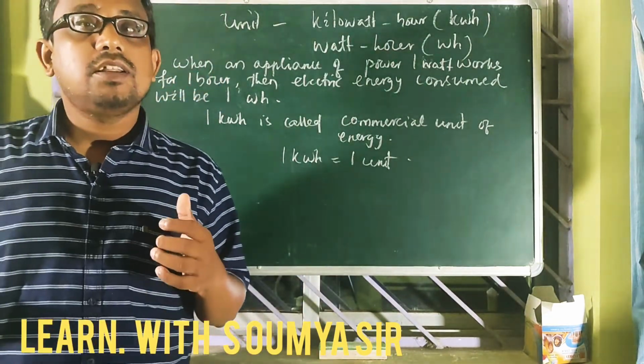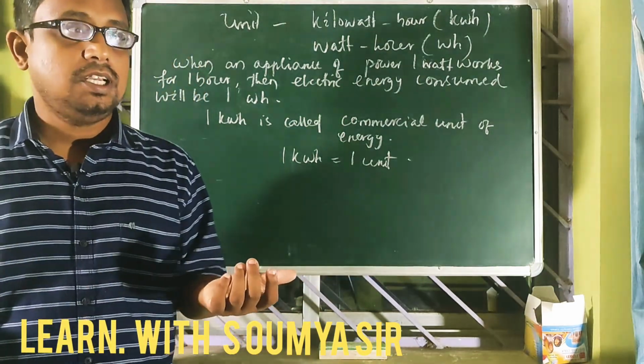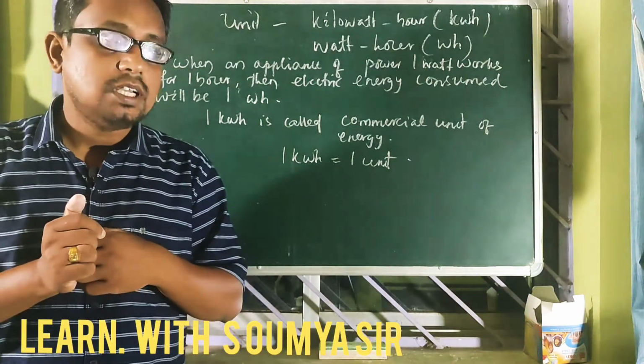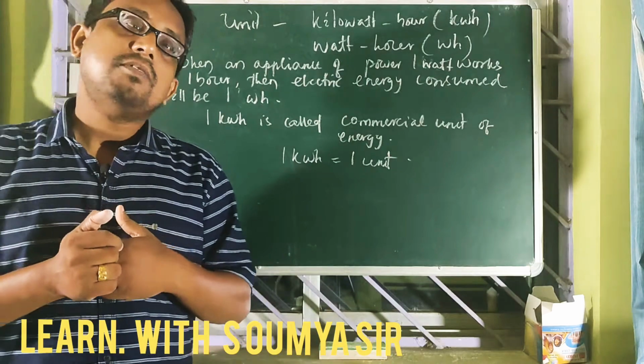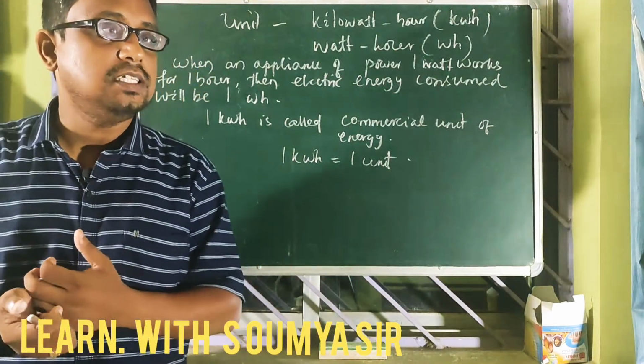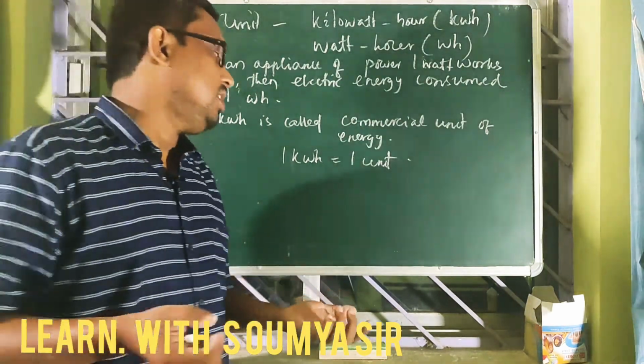Suppose our meter shows 40 units or 50 units or 100 units a month. It means we have used 100 kilowatt hour energy. We have consumed 100 kilowatt hour energy in that particular month. Clear? Okay.